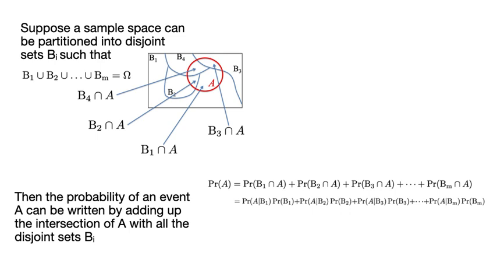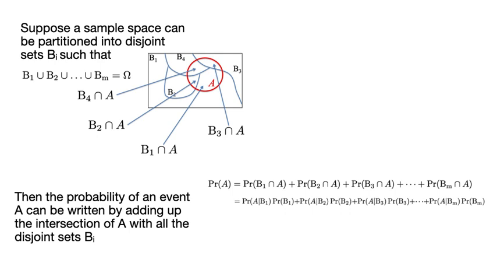Okay, now we know from the previous slide that we can rewrite any "and" as a conditional probability multiplied by the thing we're conditioned on, right? So the probability of A given B1 multiplied by the probability of B1. We can break this term down into the probability of A given B2 times the probability of B2.